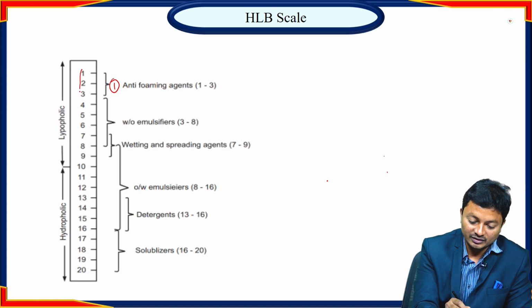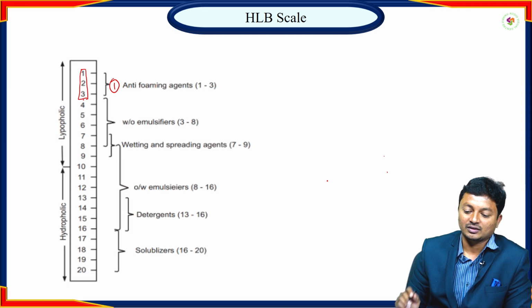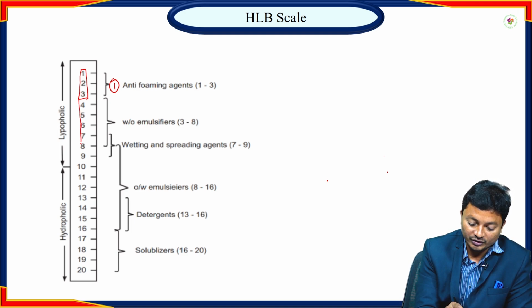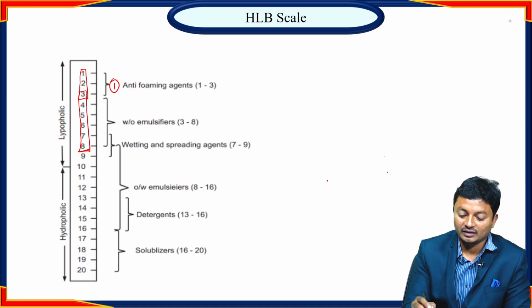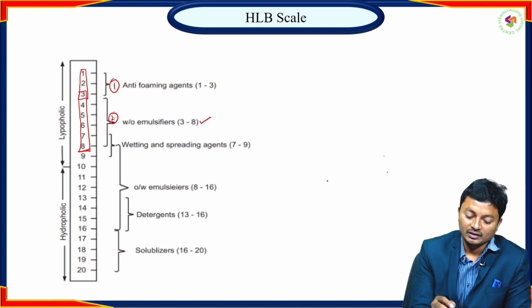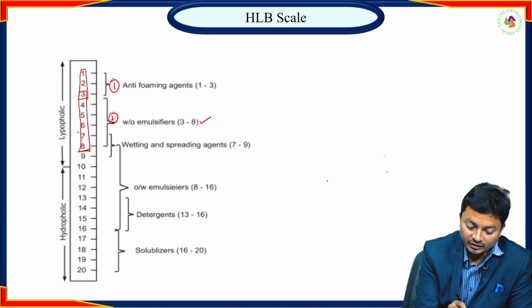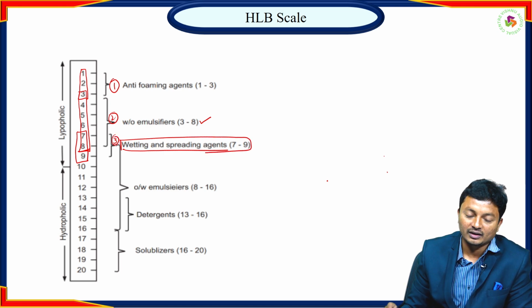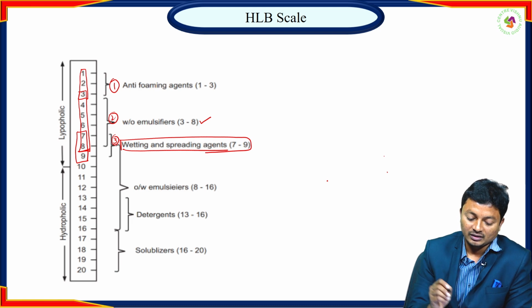From 3 to 8, this indicates water in oil type emulsifiers. From 7 to 9, this indicates wetting and spreading agents.